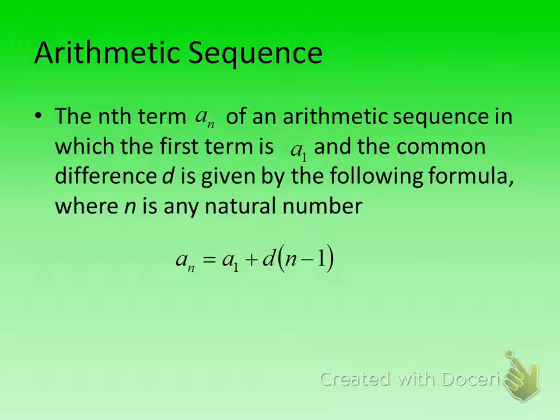They basically move some things around, distribute. This one's a little nicer to work with. This is the one you will probably work with for the most part for the rest of this lesson. It's a sub n equals a sub 1 plus d times the quantity n minus 1.